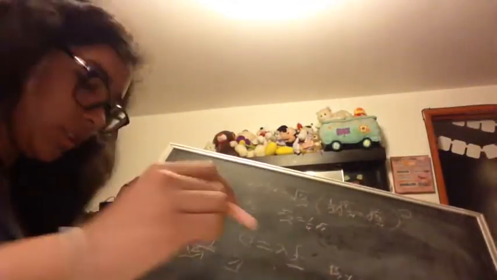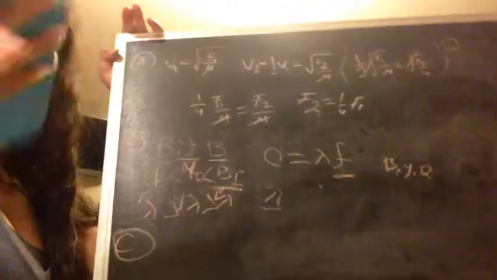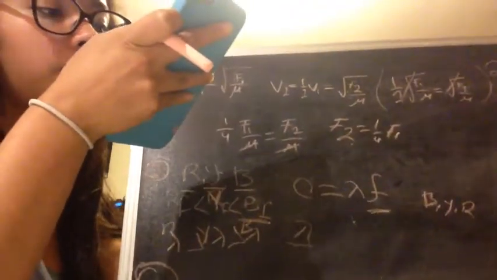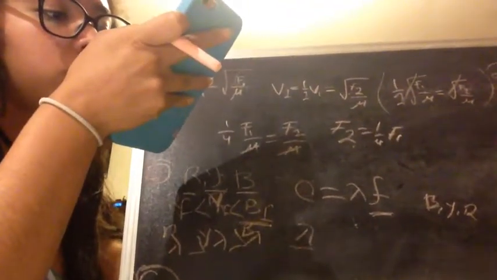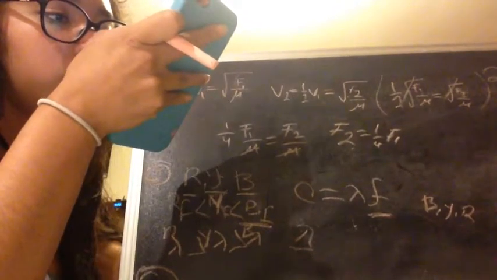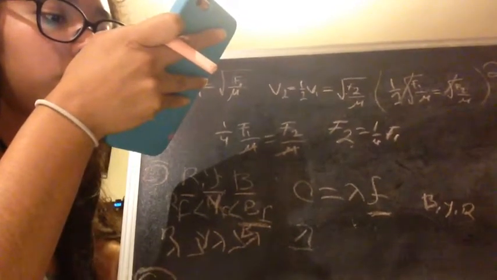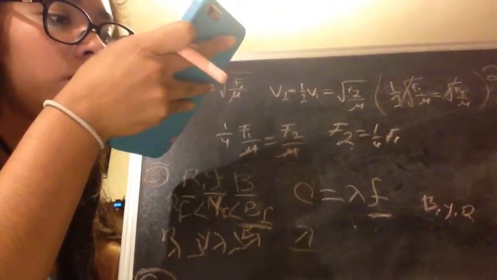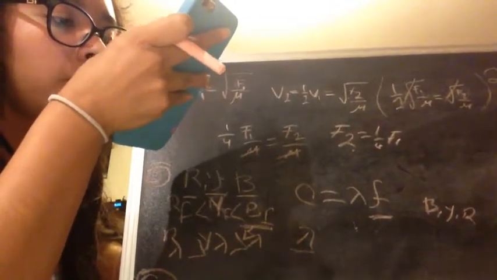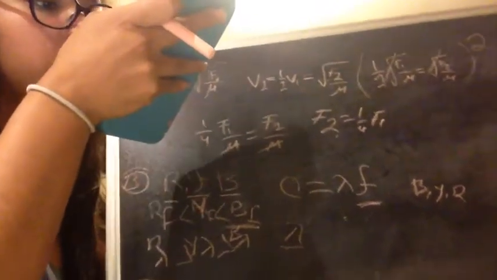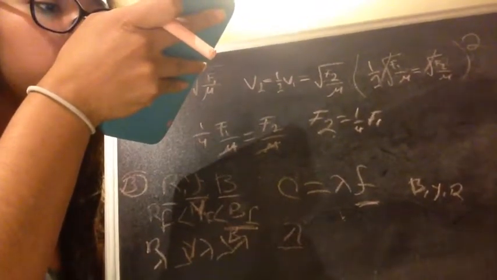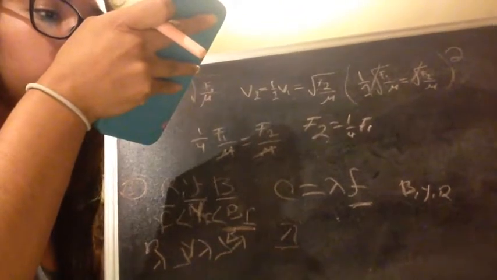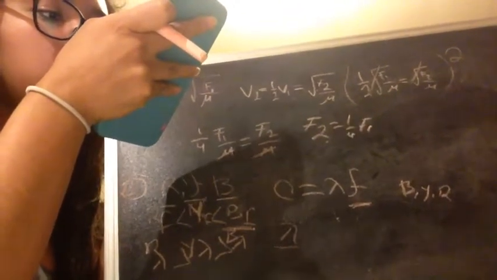Okay, for C, we have: you stand on the curb waiting to cross the street. Suddenly you hear the sound of a horn from a car approaching you at a constant speed.